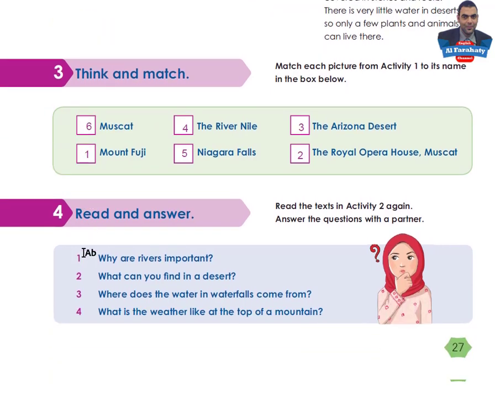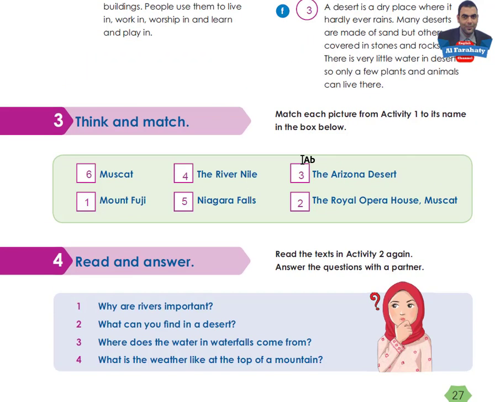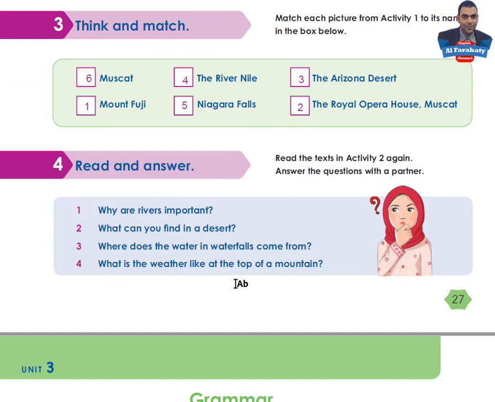Thank you. Activity 4. Read and answer. Read the texts in Activity 2 again. Answer the questions with a partner. You are asked to read these texts again, then try to answer these questions. Let me read the questions first. 1. Why are rivers important? 2.